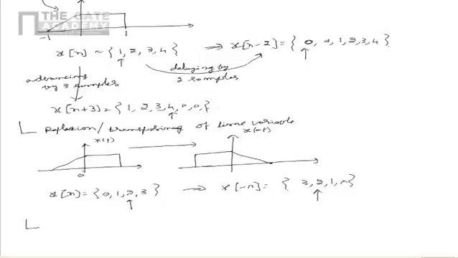Now let us look into another basic rule of time shifting and scaling. For this, let us consider a signal x of t, and a derived signal y of t equal to x of at minus b. In this case, y of t is obtained from x of t by delaying x of t by b seconds, then time scaling by a.